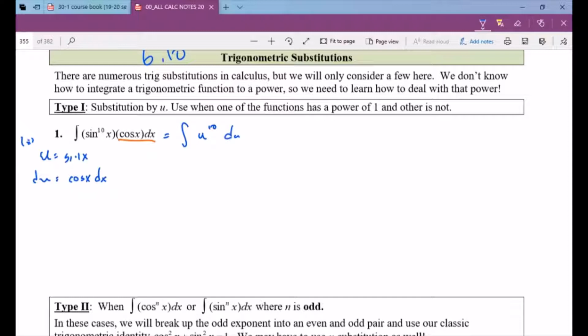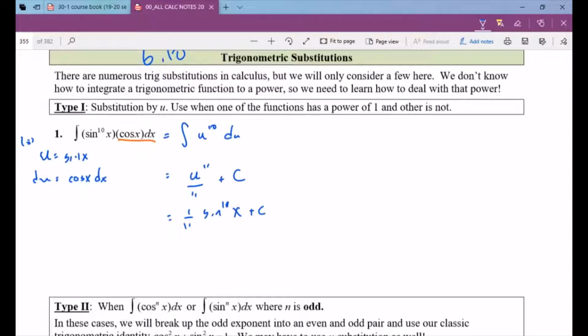We integrate that nice and easily: add 1 to the exponent, divide by that. We have to remember this is plus c, and then when we substitute back in, we get 1/11 sine to the 11 x plus c.